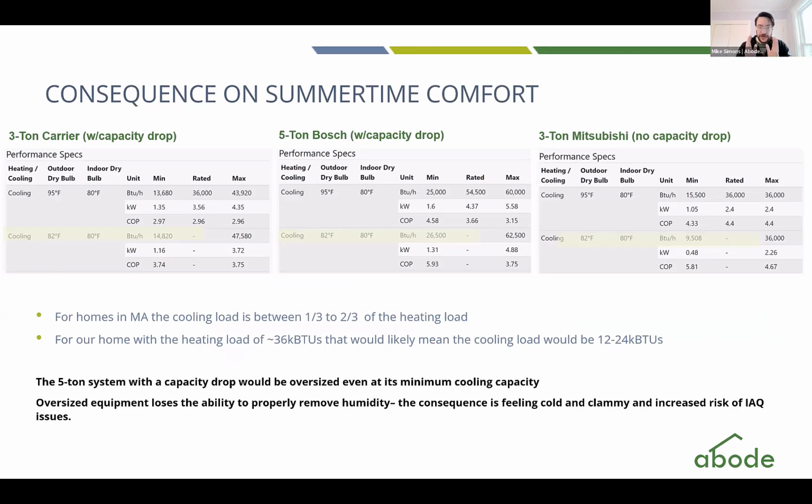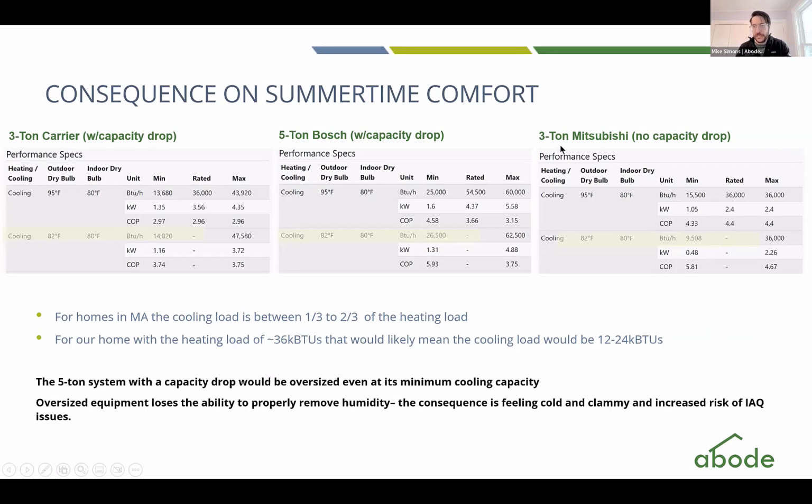So a heat pump is a heating system and a cooling system. Say if I put in that 5-ton Bosch system, I would see its minimum cooling capacity is 26,000 BTUs. It's over 2 tons. Say if I looked at the Carrier system that was right-sized for dual fuel, its minimum cooling capacity is 15,000 BTUs.